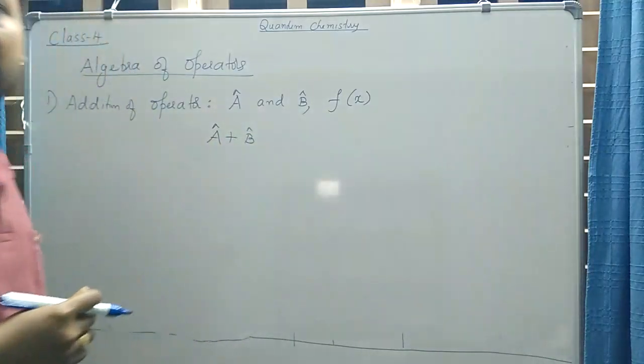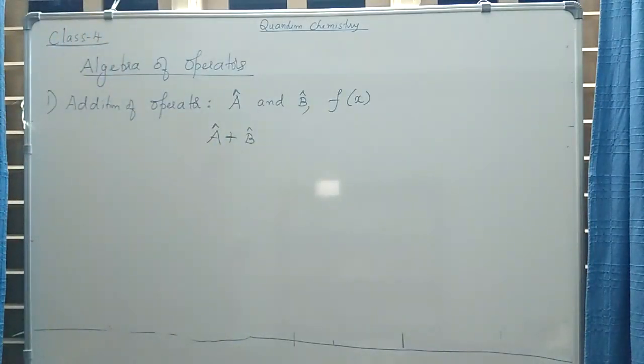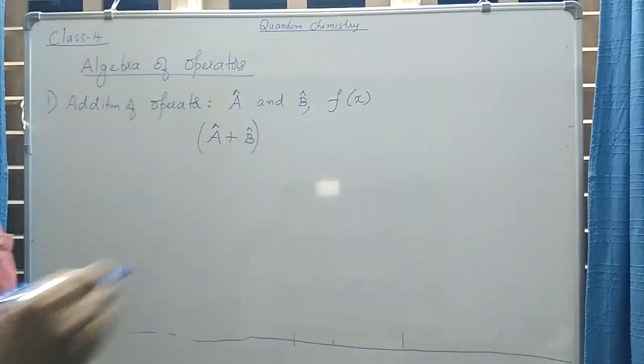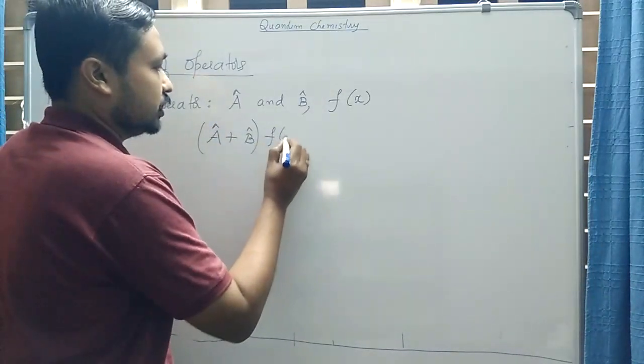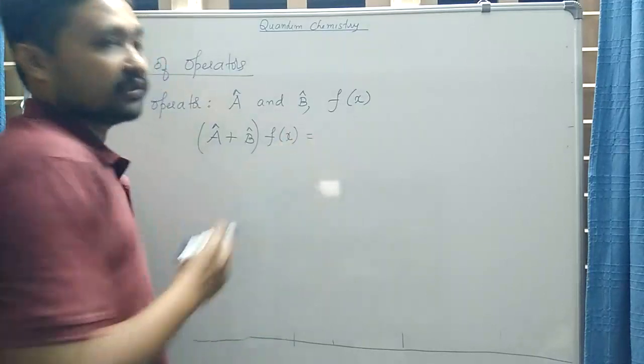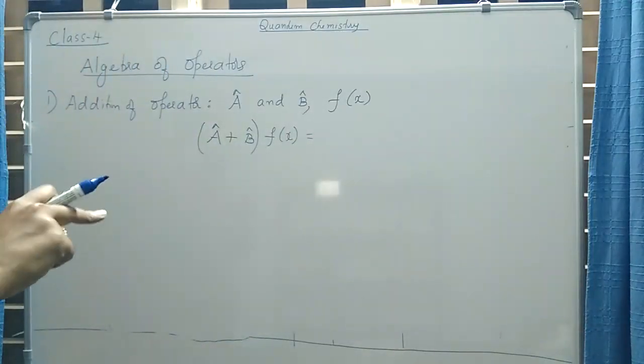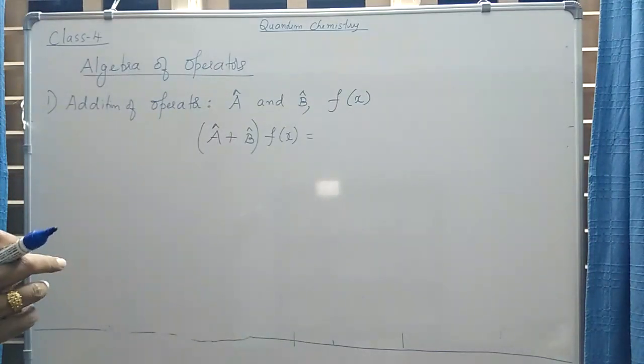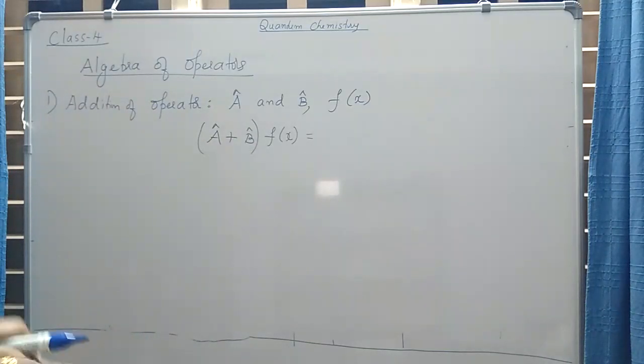I am adding the two operators first, and the resultant operator I am applying on the function f of x. This would give the same result as if I had applied the operators individually on the function f of x and then added.